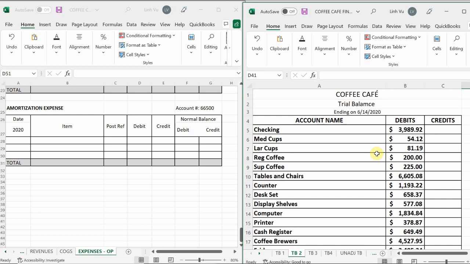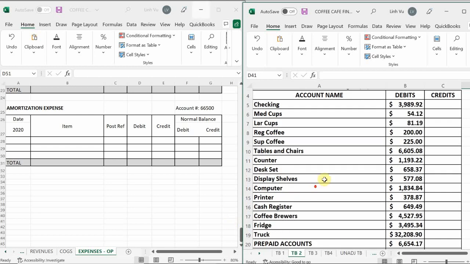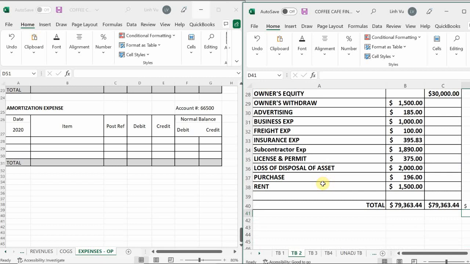I'm going to teach you a quicker way to use Excel to maximize the way your cells look, and help you not have to re-enter everything all over again. So, any questions in regards to the trial balance? We matched our trial balance. Any questions?